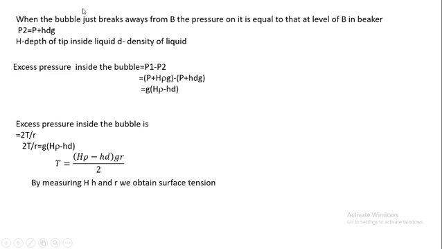Now when the bubble just breaks away from the end point D, the pressure on it is equal to the pressure at that level of D in the beaker.